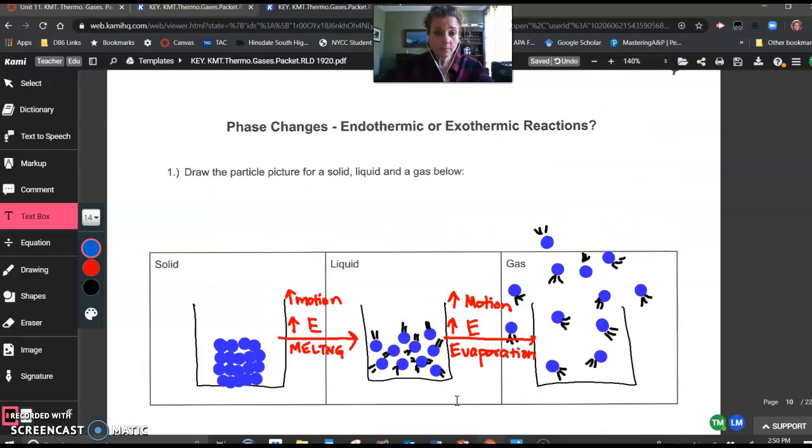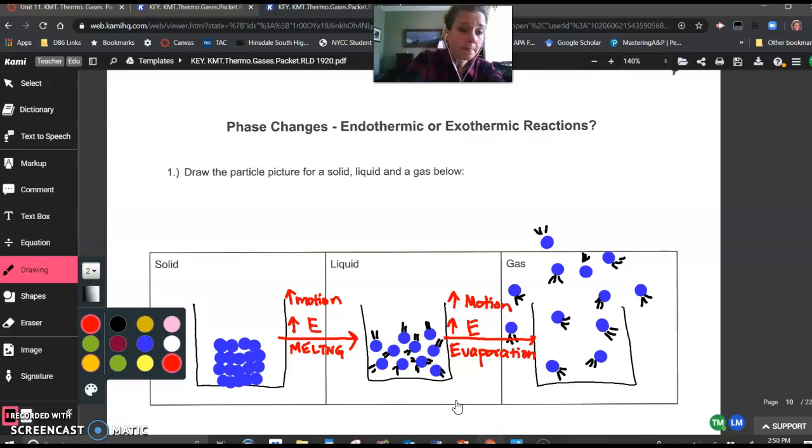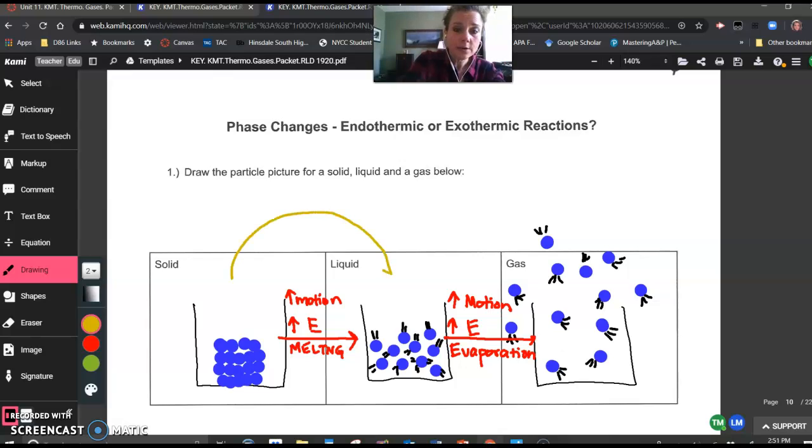So in our scenarios that we have up here, we're going to draw a new line. So to go from a solid to a liquid, this is endothermic.